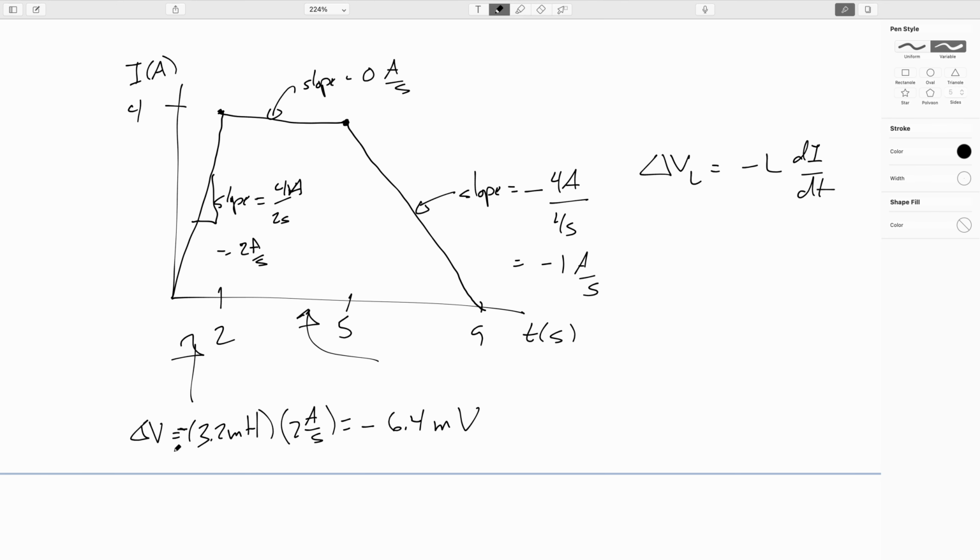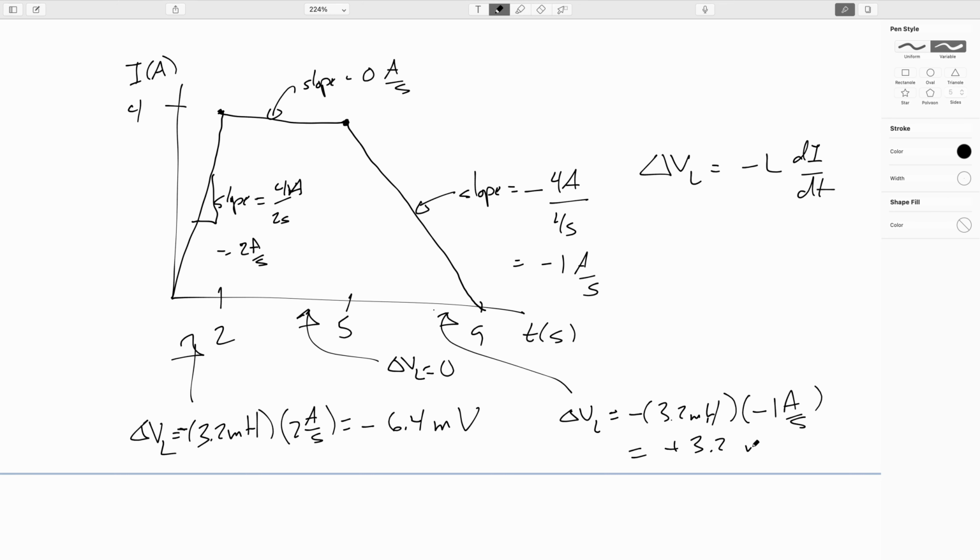In this segment, delta V_L will be 0 because the current isn't changing. Then finally here, delta V_L will be minus 3.2 millihenries times minus 1 amp per second. So minus and minus cancel, and we're left with plus 3.2 millivolts.